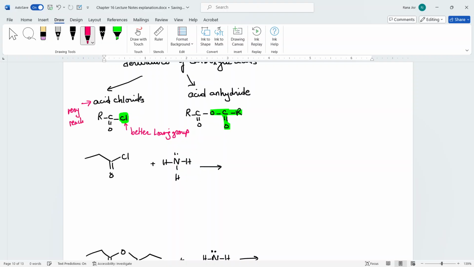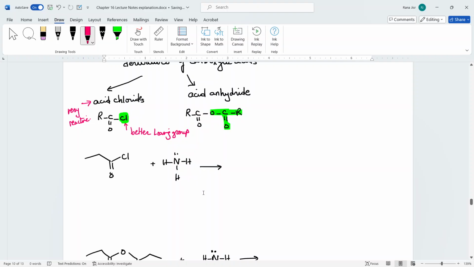What does that mean? It means that we always recommend, whenever we want to make an amide, to start with acid chloride versus anhydride. The reaction is smoother, works faster, but still the reaction works with acid anhydrides.